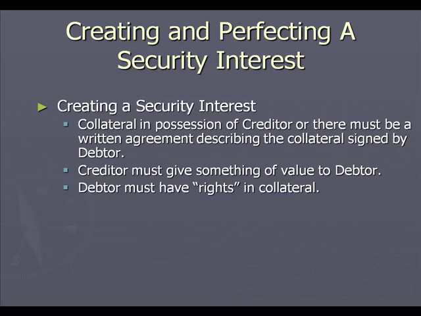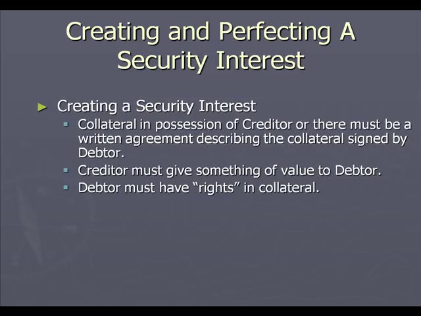One is that the creditor, the person making the loan, has possession of the collateral. An example of this would be a pawn shop. So if you take your watch to the pawn shop, give them the watch, and borrow money from them, they give you cash, they have the watch in their possession. That creates a security interest in the watch, which means they have rights to the watch when you default.